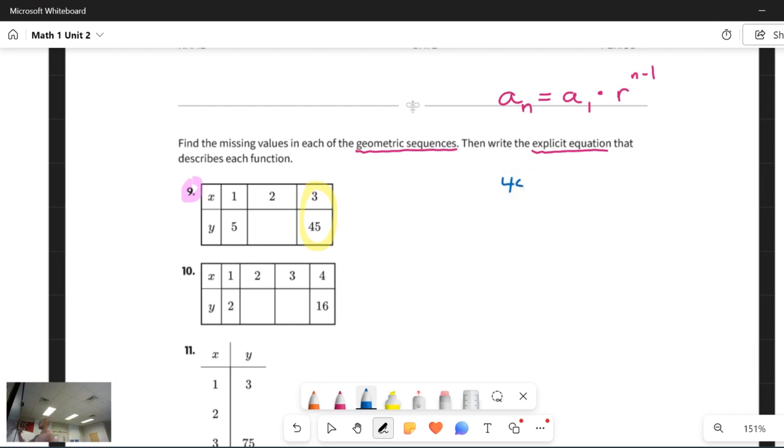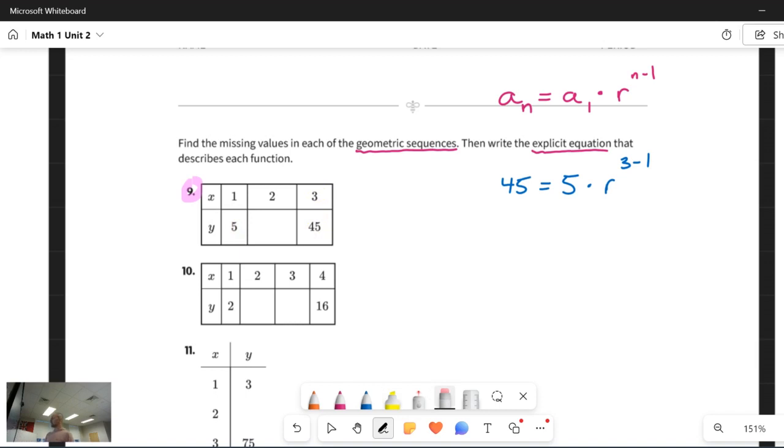We're going to say, all right, well, 45 is equal to our first term, which we know is going to end up being 5, times our r, which we don't know, to the 3 minus 1. And just so we know, the 45 came from over here on our board, our 3 came from here, and then our a of 1 is just our 5, which is located here.